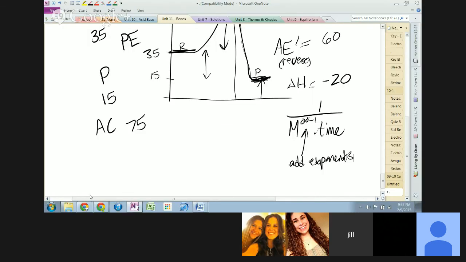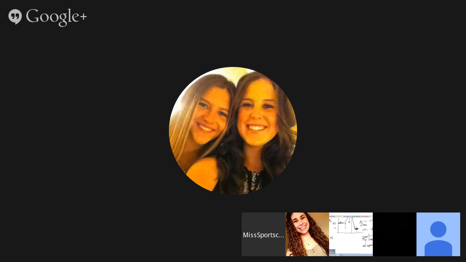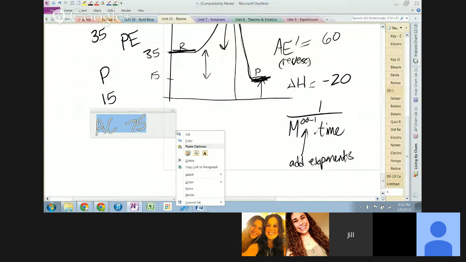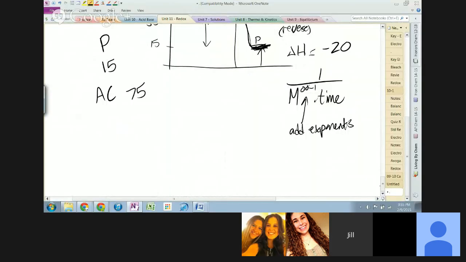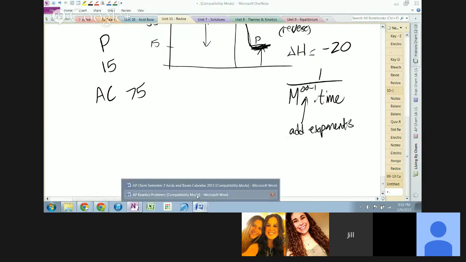Miss Eden, can you go over 1991 B for the A? I'm still confused on how you find the order if the trials aren't the same. 1991 B. This part? The A, yeah. Right, the rate law expression? Yeah. Okay, let me see if I can find that in the one I had open.